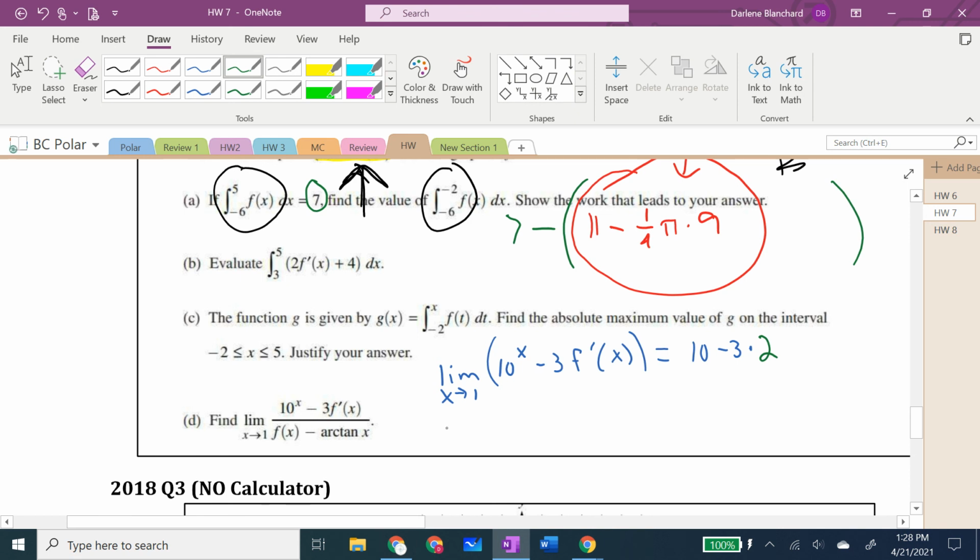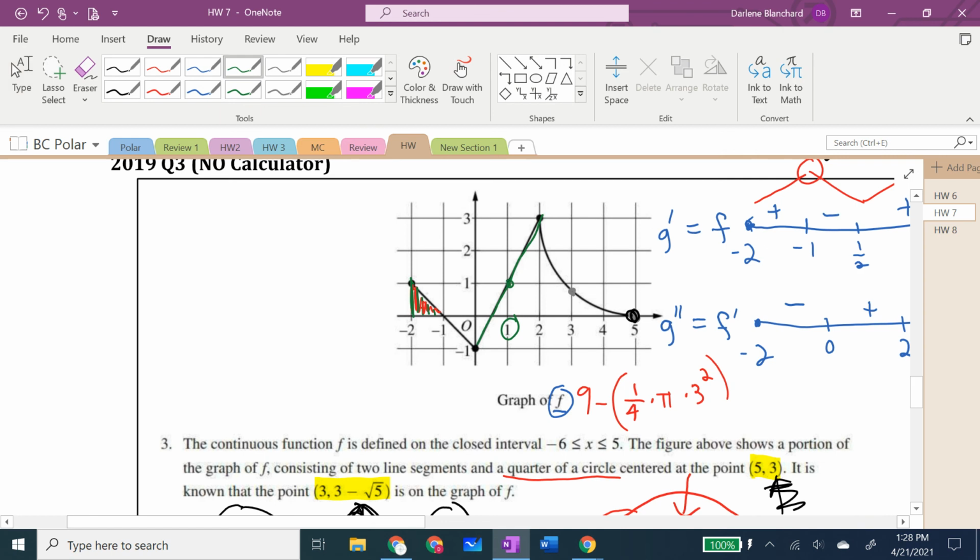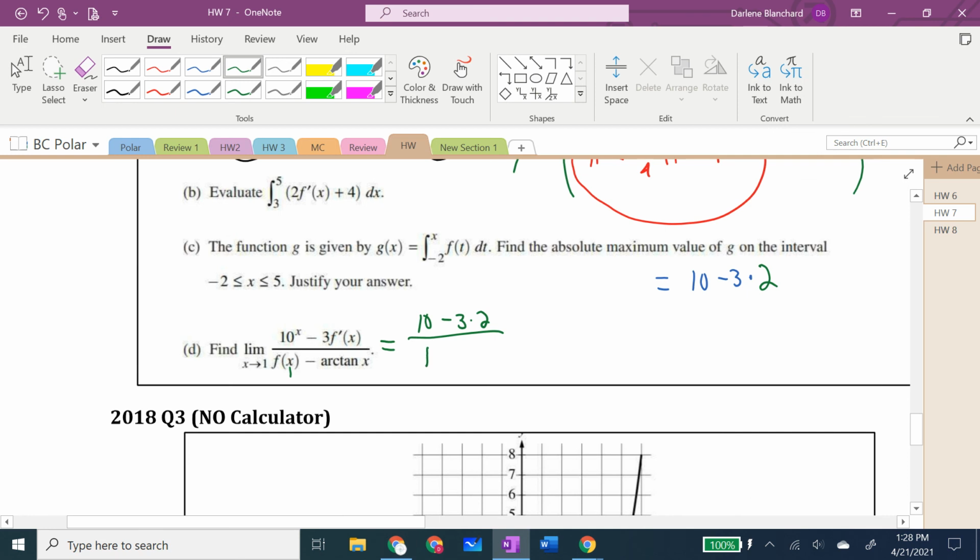Then let's look at the denominator. I'm just going to write down 10 minus 3 times 2. Okay, so what is f of 1? Actual y value at 1 is 1. And then arctangent 1.